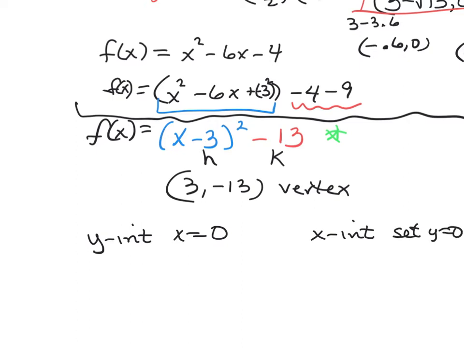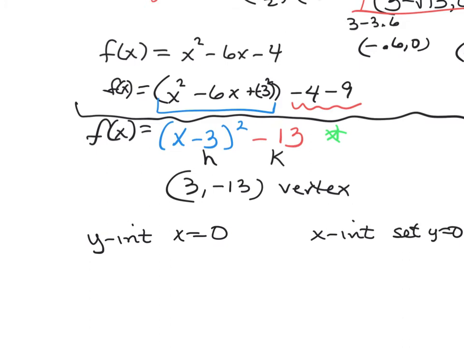Now, just to show you we get exactly the same thing, I would show you this. What's going to happen is you're going to be given the equation in the quadratic form. I would pull the y-intercept out of that. Then you're going to be asked to conform it to this standard form, which makes finding the x-intercept easier.